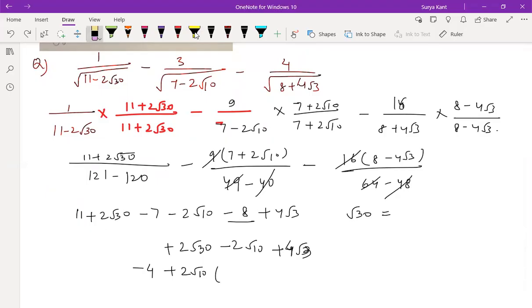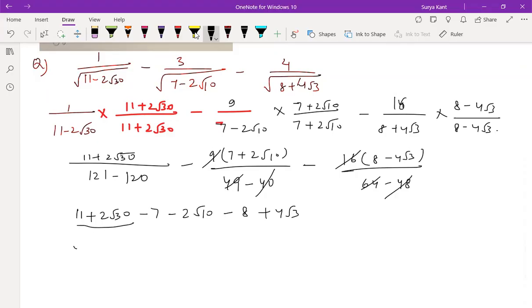No, sir, you can write it like root 5 plus root 6 whole square, or root 5 minus root 6 whole square. Wow, super, very good. So 5 plus 6 and minus 2 root 30. Very nice, yes, correct.